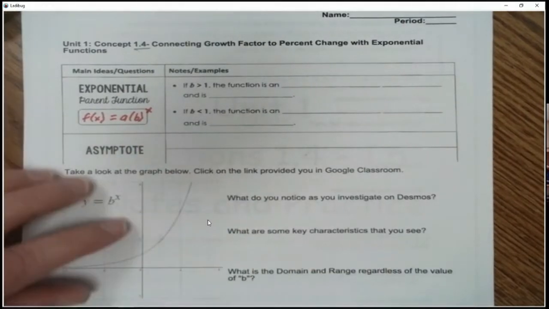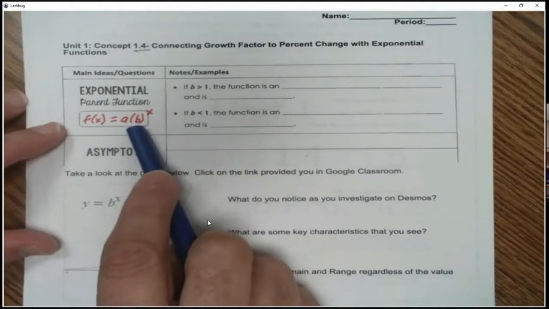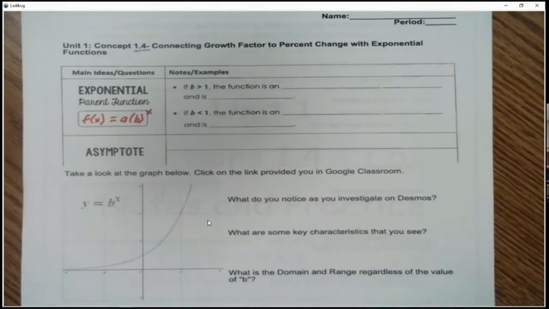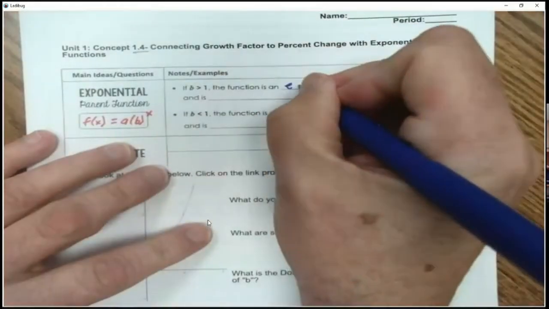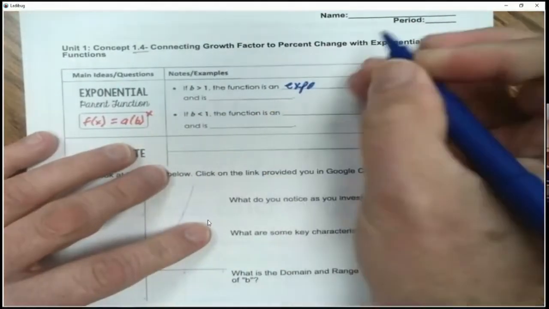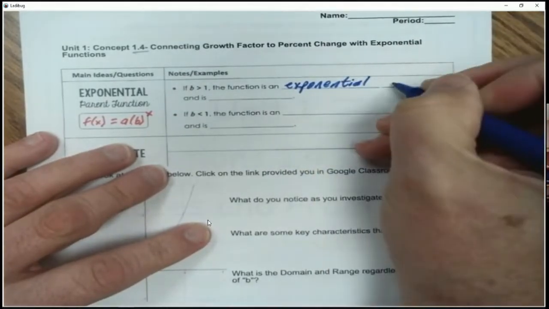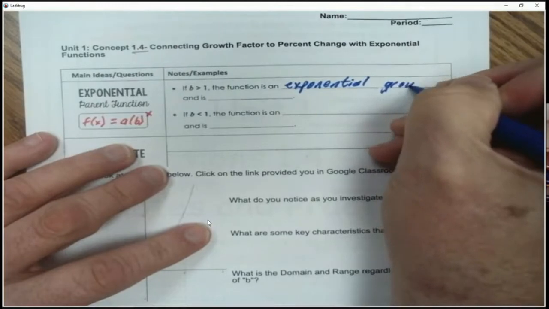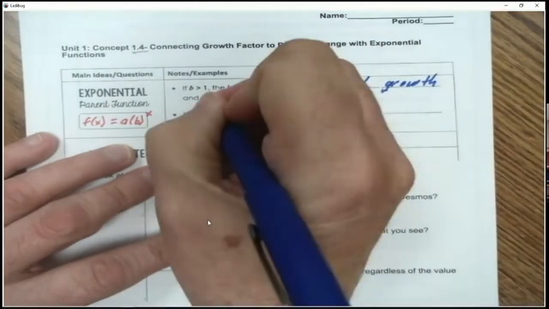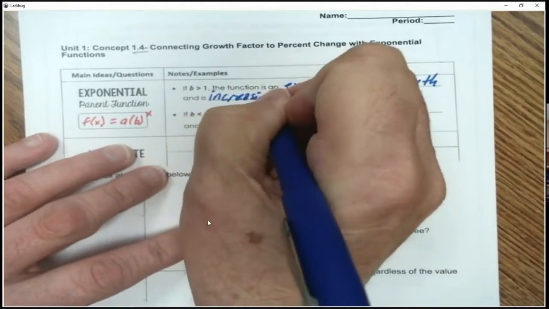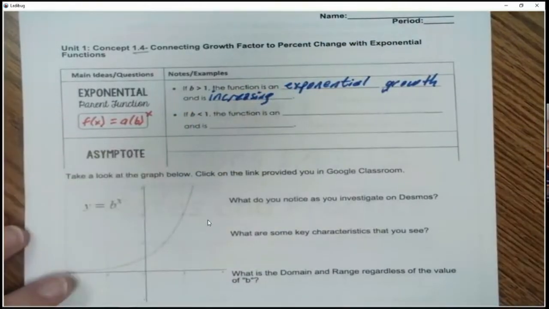So if b, the number that's being raised to the x, is greater than 1, then the function is exponential growth and is increasing. It'll be increasing.